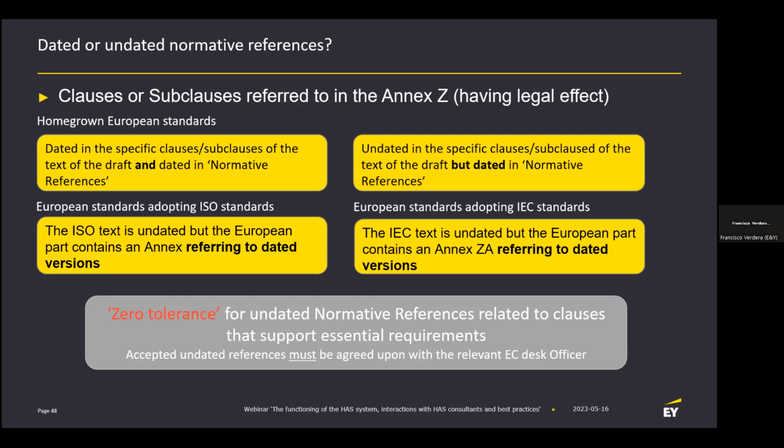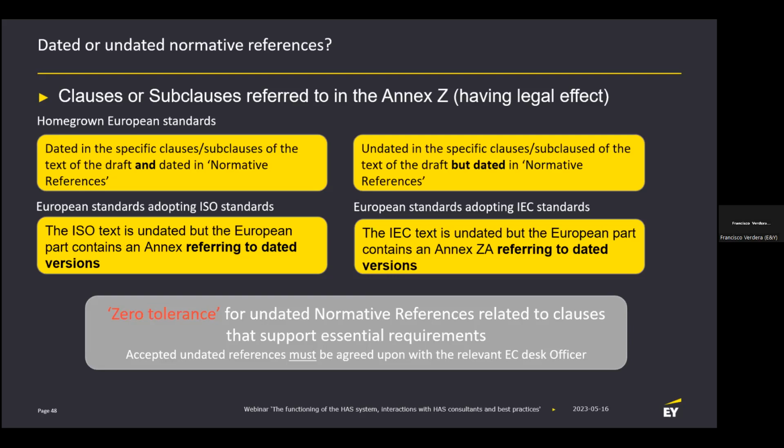Then, if it's at least dated in the section normative references of the standard, everybody understands which is the version that has to be applied. And therefore, then you have legal certainty and then you have clarity, which is what we are looking for. So in those cases, of course, the preferred is to cite everywhere, but at least, if this is not the case, at least they are dated in the normative references.